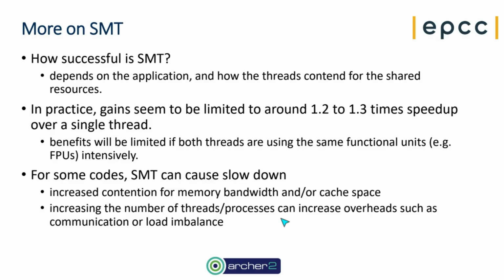So on ARCHER2 and on most other HPC systems, the batch system, Slurm, is set up in such a way that applications by default don't use this feature. So you only get 1 MPI process or 1 OpenMP thread per physical core.